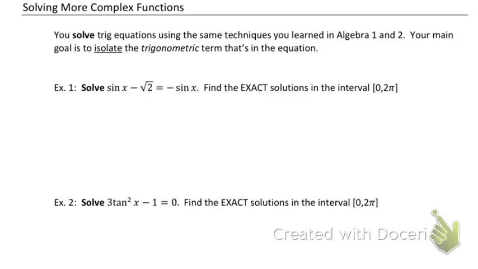Our goal in a lot of these problems is just changing the setup of it. Just like when you had a whole bunch of x's distributed on both sides of something, you'd collect all your x's on one side and put all your numbers on the other side. That's all we're doing. We're trying to put all of our sines, cosines, tangents on one side, and everything else on the other. So we start off with sine x minus square root of 2 equals negative sine x.